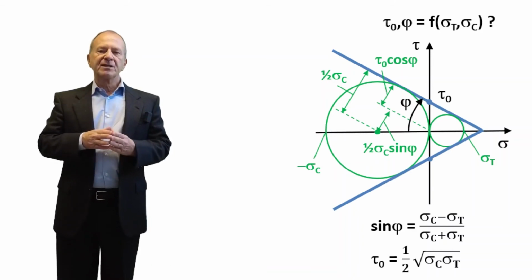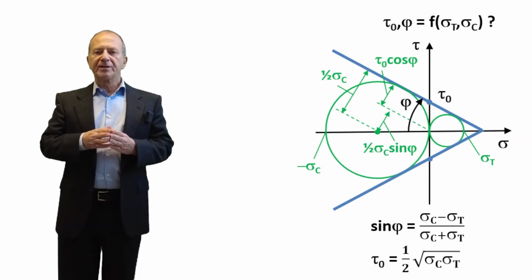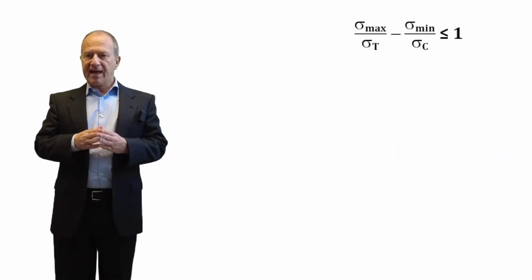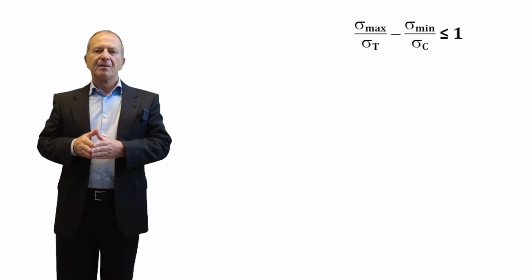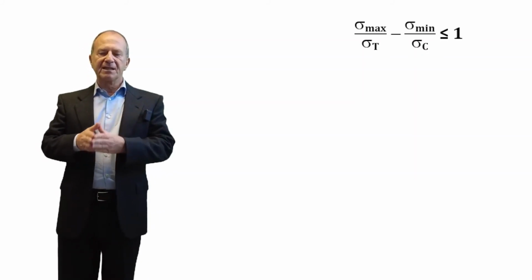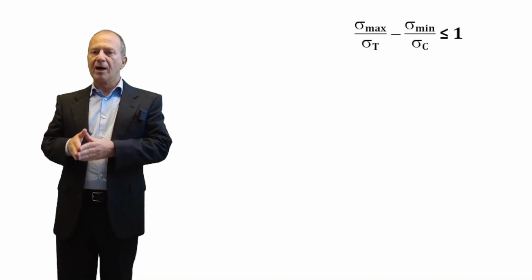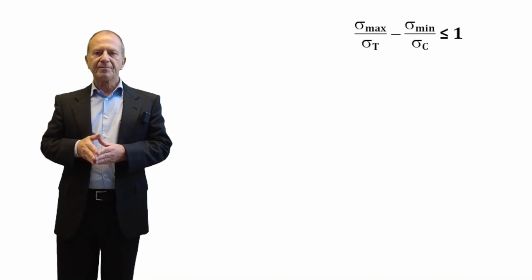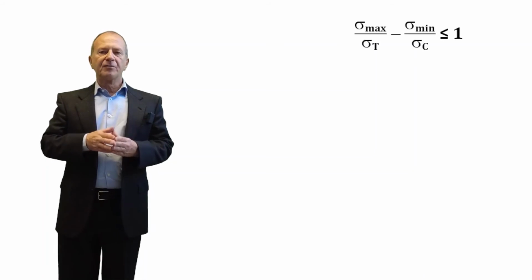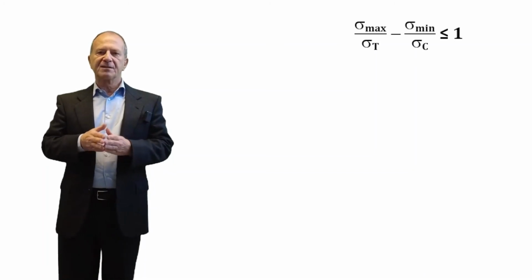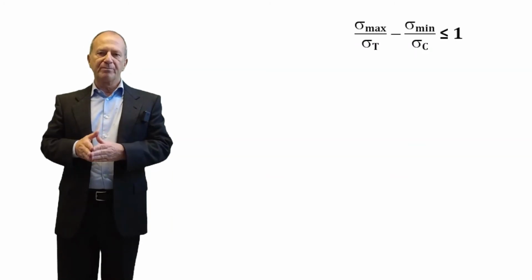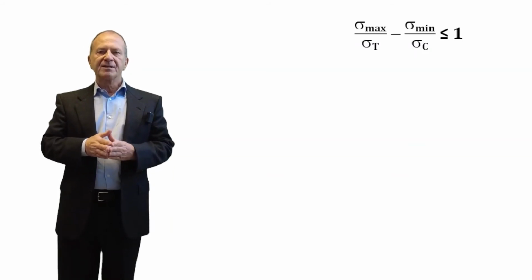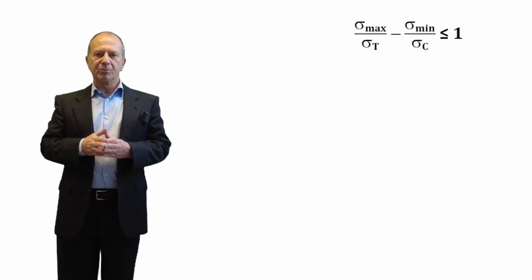Then it is quite easy to show that Mohr-Coulomb's criterion can be rewritten as sigma max divided by sigma t minus sigma min divided by sigma c less than or equal to 1. As either one of the three principal stresses, sigma 1, sigma 2, and sigma 3, can be the minimum or the maximum normal stress, this inequality corresponds to 6 inequalities in terms of principal stresses.